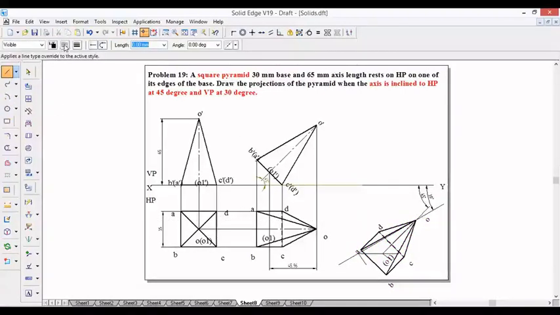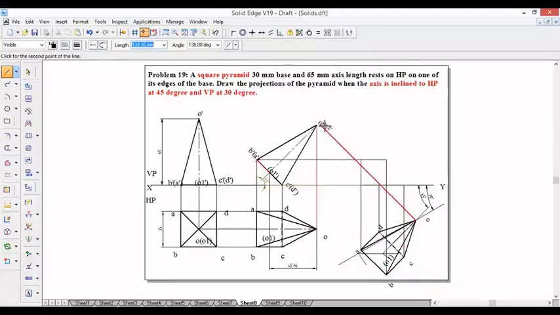Then we need to take projection lines, with line thickness 0.13. The projection of A will be till here, the projection of B also comes on the same line, C will be until the XY line, D also till the XY line.